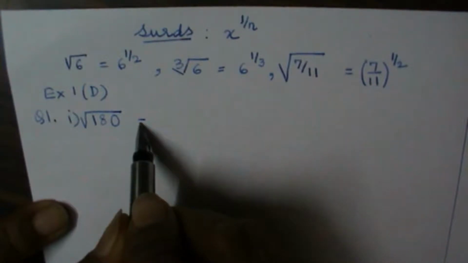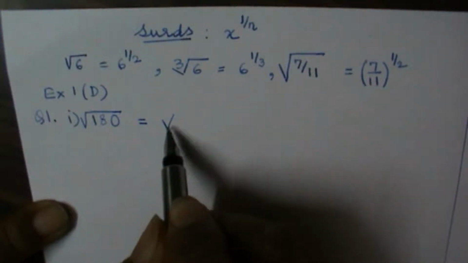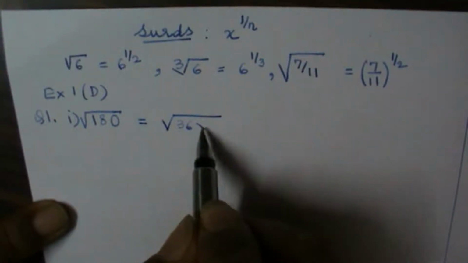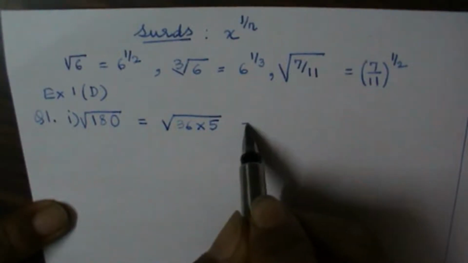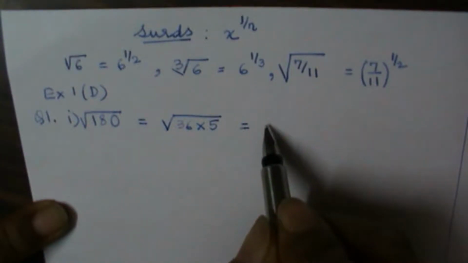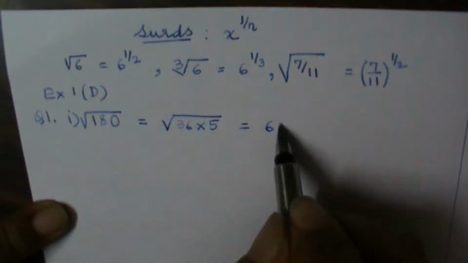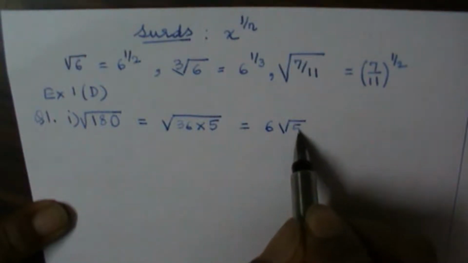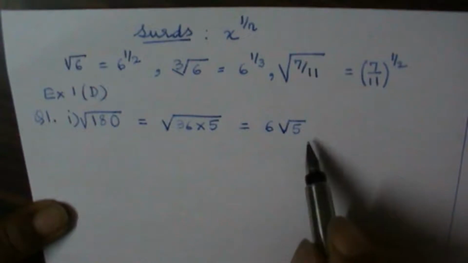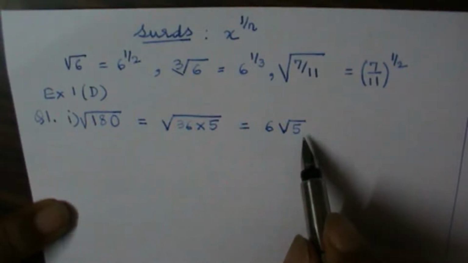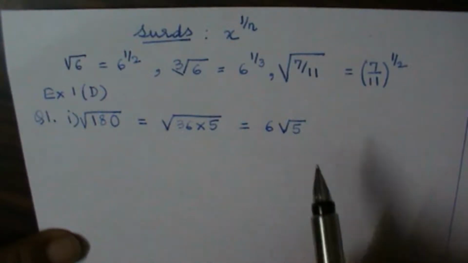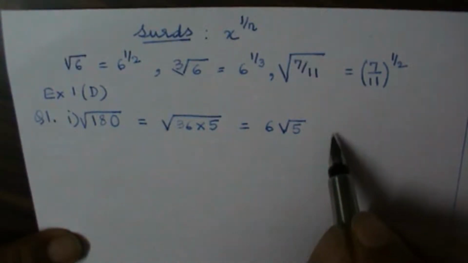So I am going to look at the factors. 180 is 36 into 5, which gives me, from 36 I can take out the square root as 6 root 5, and you will see that 6 is a rational number and 5 is an irrational number, and so overall it is going to be a surd.